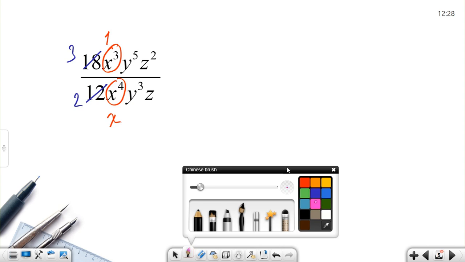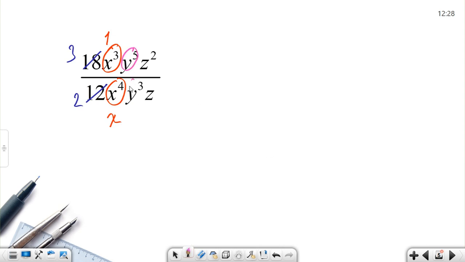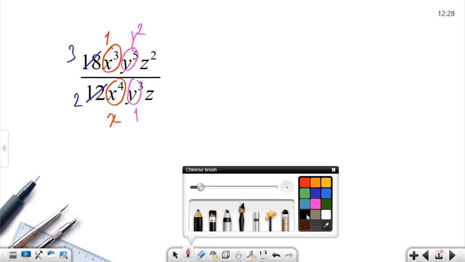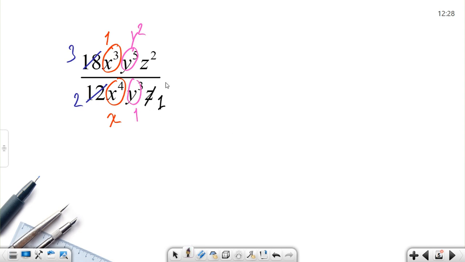Continue with y to the power of 5 and y to the power of 3. 3 is less, so this will be 5 minus 3, 2. This will be y squared. And then z squared divided by z is only z.